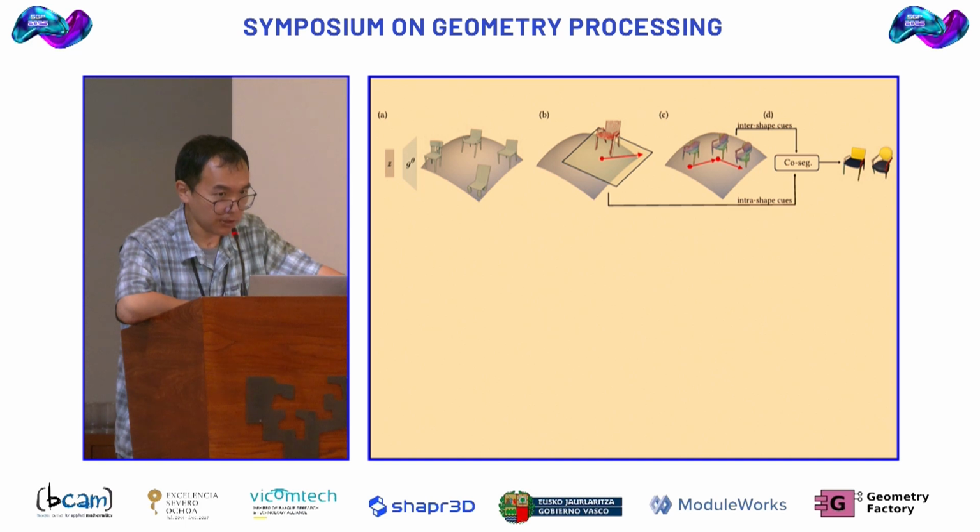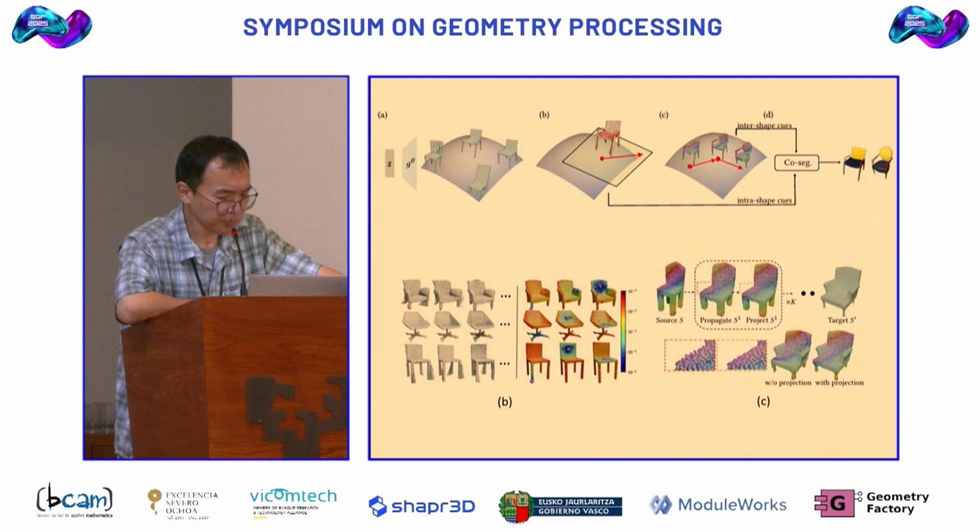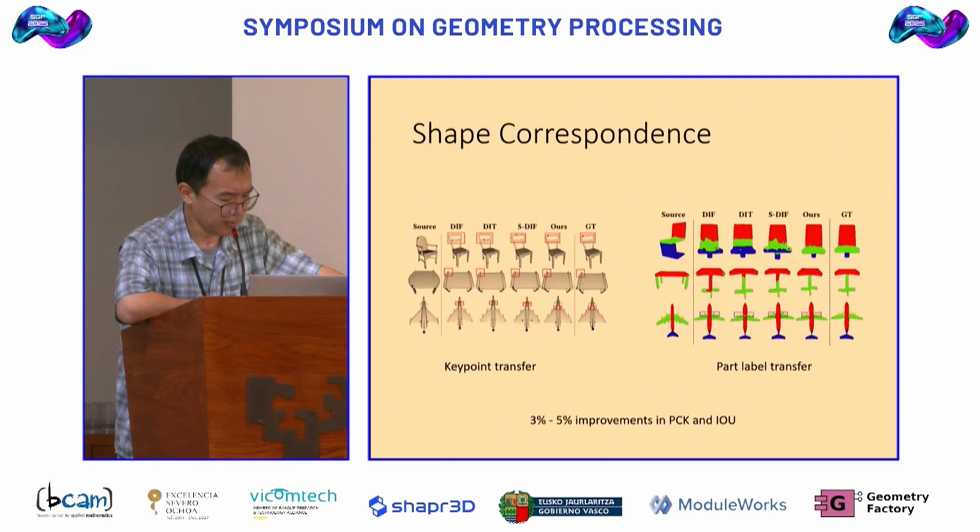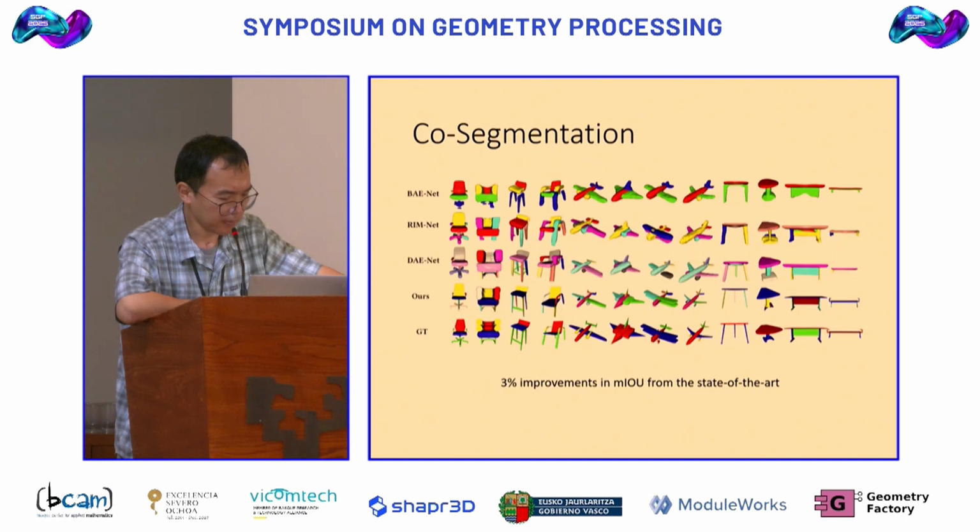We can also use interpolations to derive inter-shape correspondences. Then we combine those segmentation cues and inter-shape correspondences, and we can do co-shape segmentation. Then we can get state-of-the-art results.